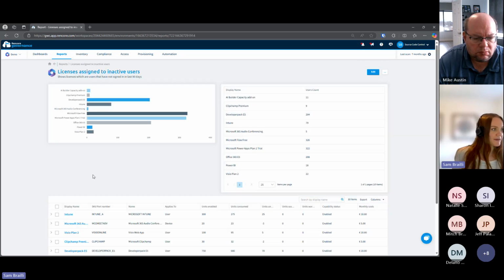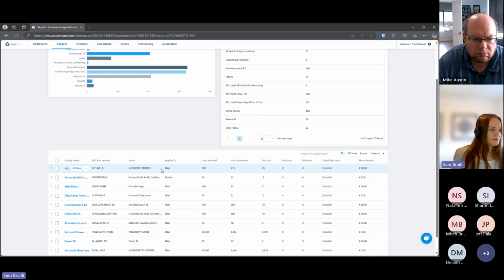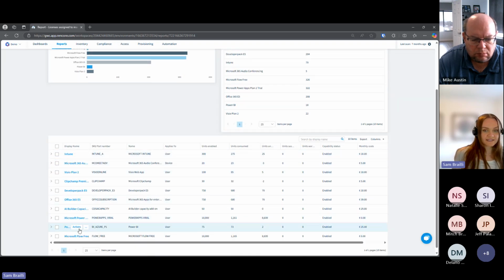So we can simply click up here. We can see the different licenses that have been assigned, and we can see how many of those licenses have been assigned. As we scroll down then, we can look at, again, those licenses. And if we wanted to, we can see who actually has those specific licenses.